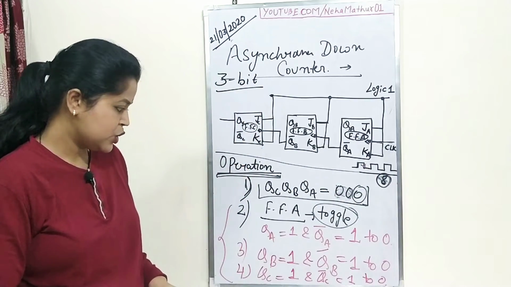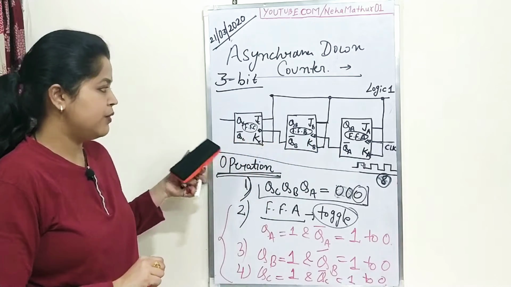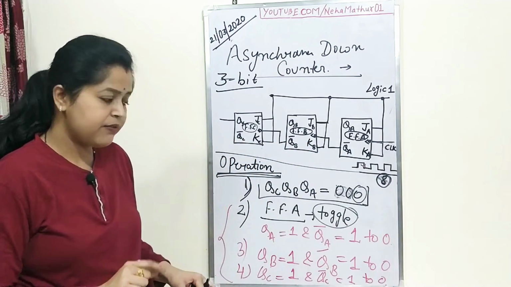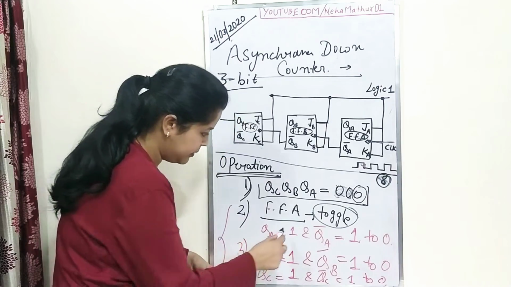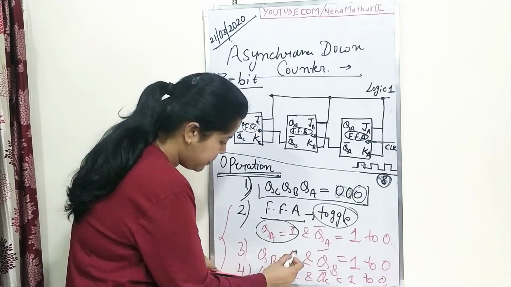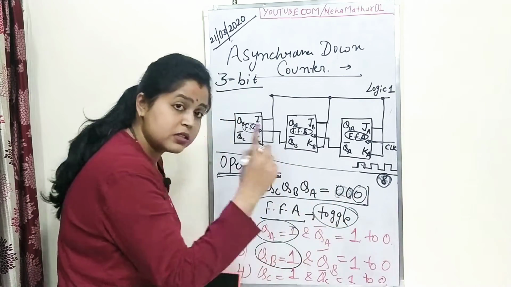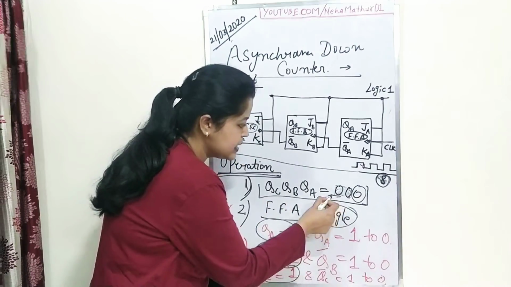Fine. So after the completion of the working of these three flip-flops, I have output QA equal to 1, which was 0, QB equal to 1, which was 0, and QC also 1, which was initially 0.